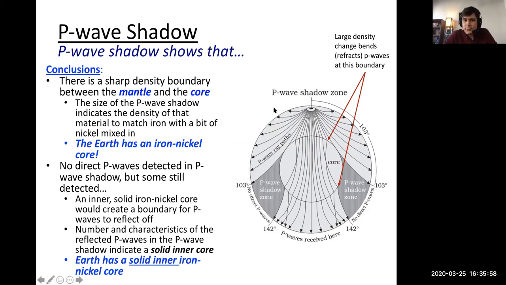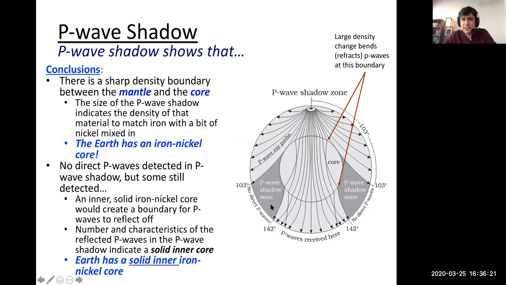So this is exactly what we're observing. So if there's a sharp density boundary, this P wave should change its direction, bend, as it travels through this denser material, and then as it exits, it should bend again. So you can trace out all the ways that it would go through, and you would see that given the size of the core, you'd have this P wave shadow.